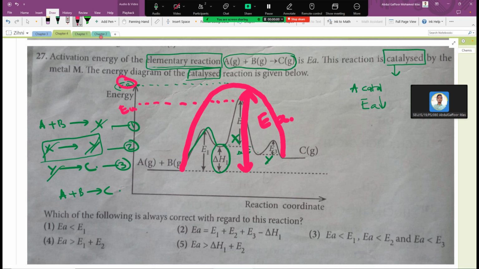Now can you just look at the picture and pick the answer? EA is E1 plus E2, no, E1 plus E2 plus E3.